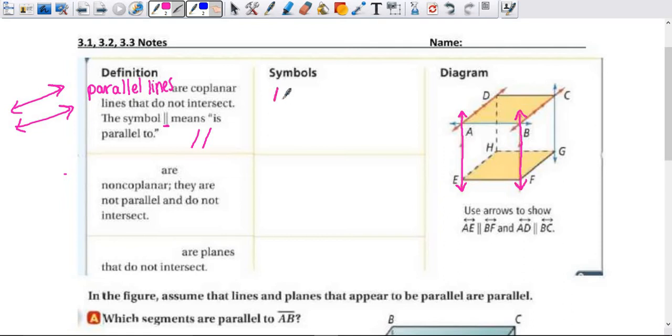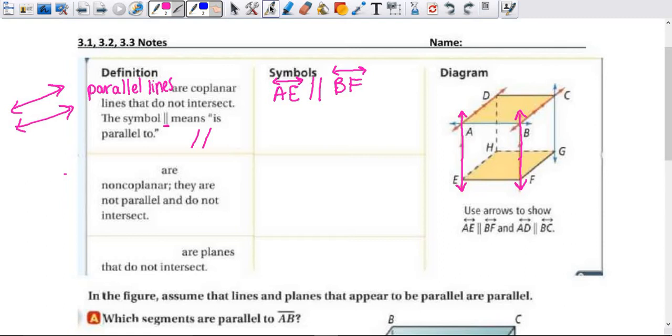So we could say that AE, and that's a line, was parallel to BF. Now that's actually the only one that is parallel because these ones are on the same plane. DH back here and CG also wouldn't hit it, but they are not on the same plane.